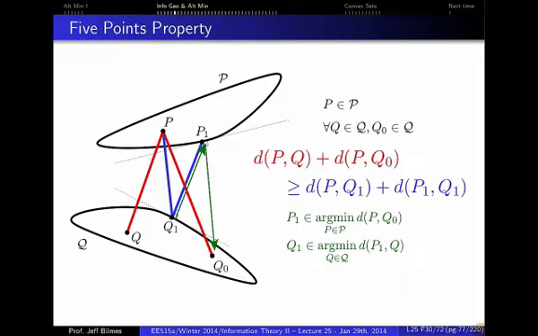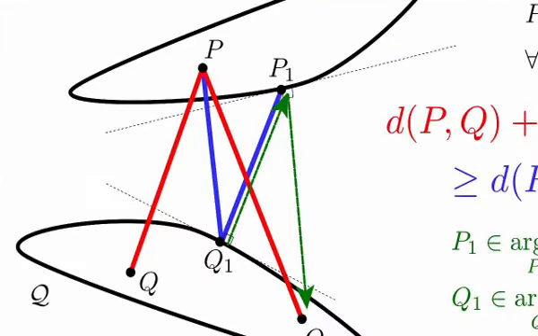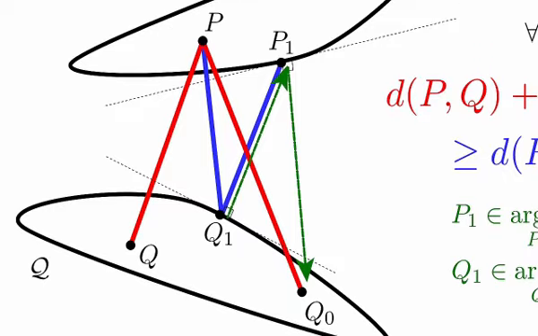I forgot to say something: if you look at this picture, we've got the sum of the red distances and the sum of the blue distances. And if we define all these points as appropriate, so basically P1 is the closest point to Q0, and then Q1 is the closest point to P1. And then the two blue distances are the distance between P and Q1.